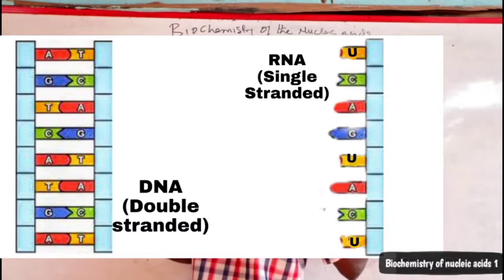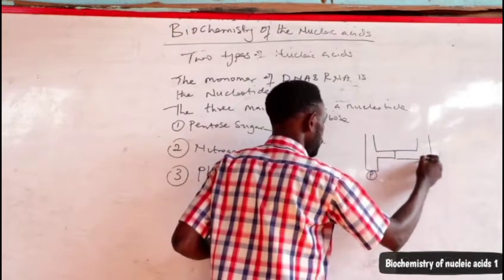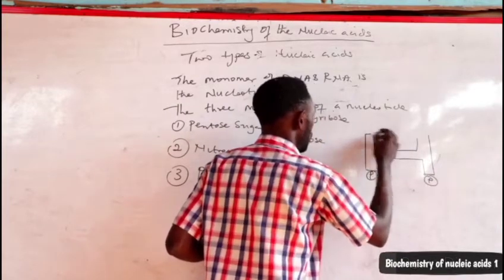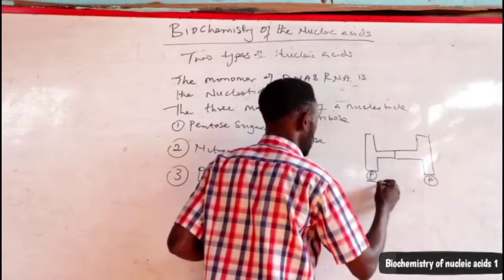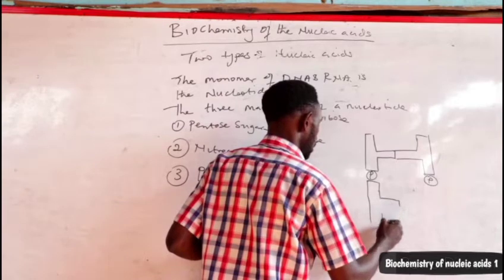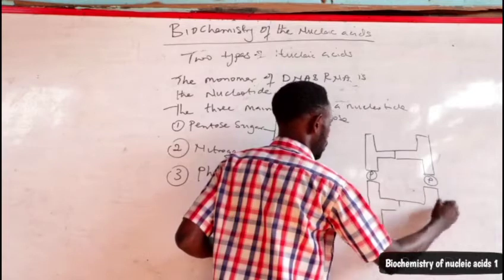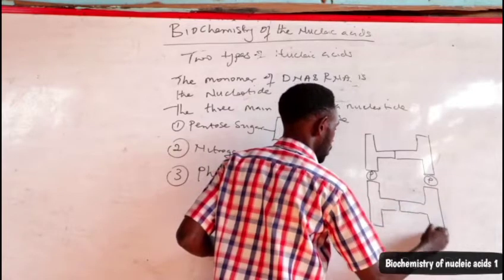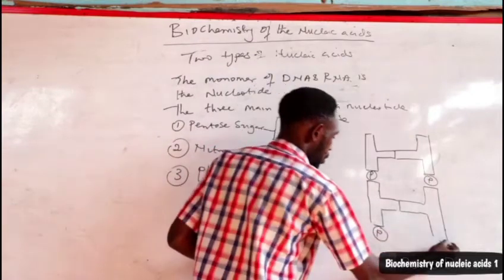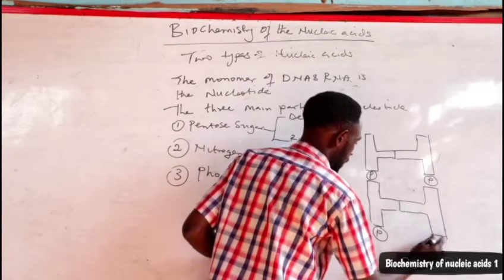We have P, and here we have another, and we continue it. So you can now see it's forming the shape of a ladder.